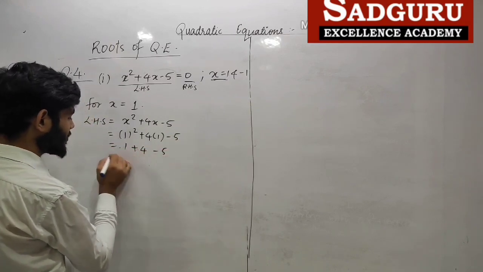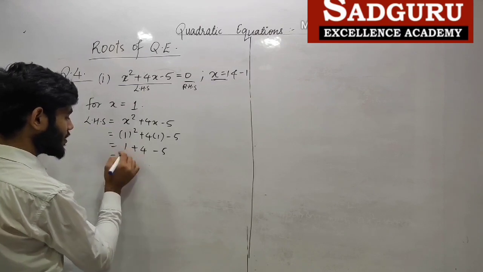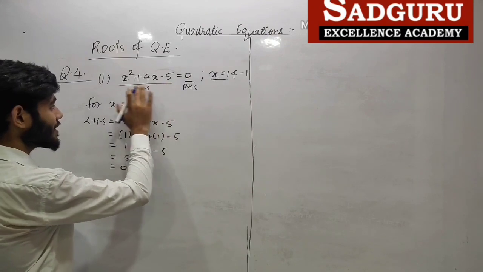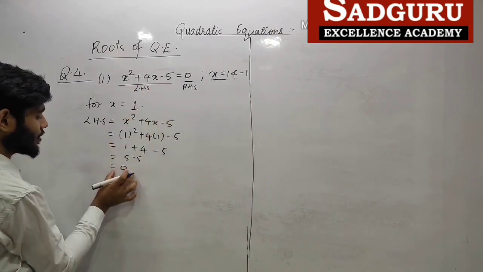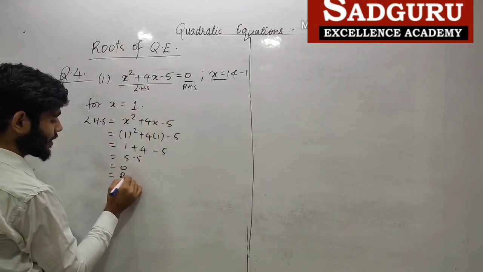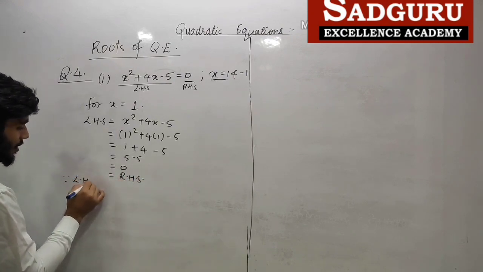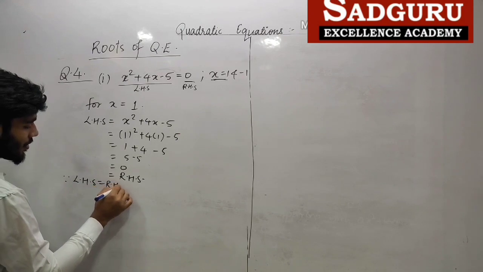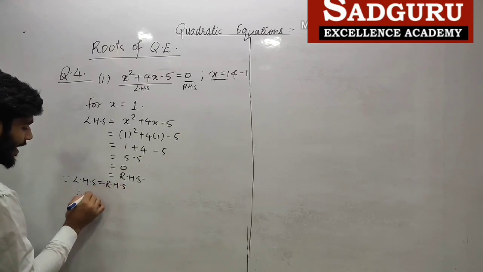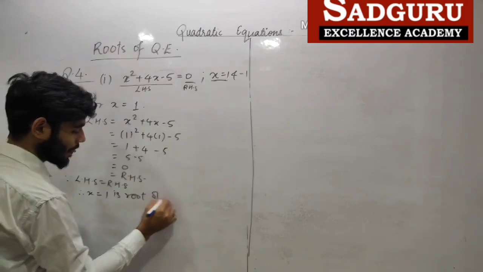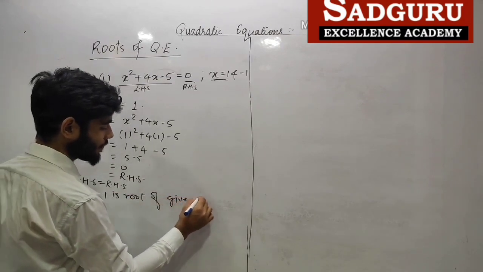So plus and plus becomes plus, 5 minus 5, which is equal to 0. So the left hand side equals to 0, which is equal to the right hand side. So since LHS equals to RHS, therefore x equals to 1 is a root of the given quadratic equation.